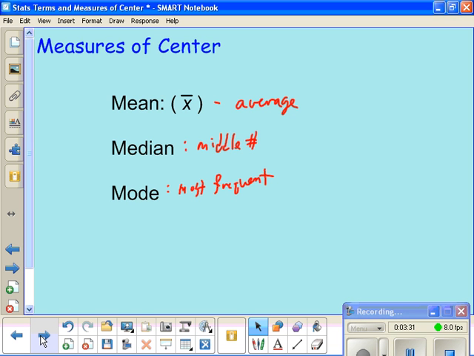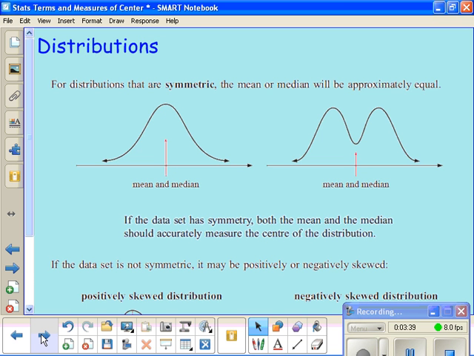Measures of center. A measure of center: x bar is the average, median is the middle number, mode is most frequent. We've talked about those before. Distributions. One of the key components of statistics is we need to understand the shapes and how the mean, median, and mode affect the shape of a distribution of data.